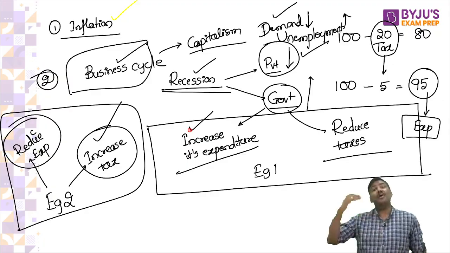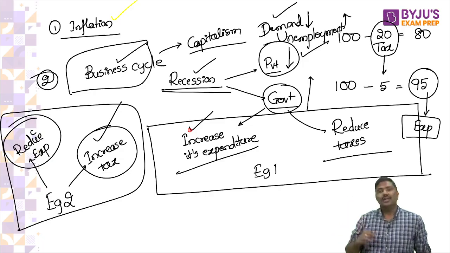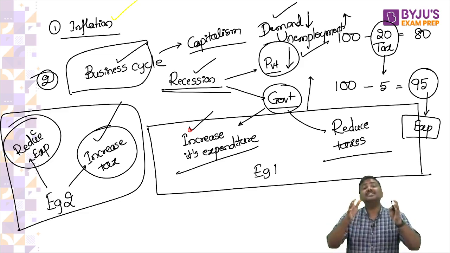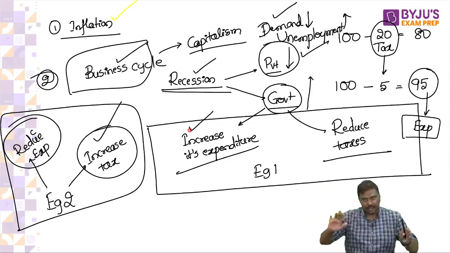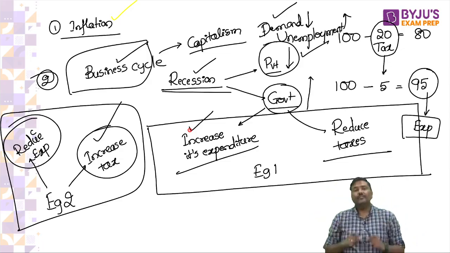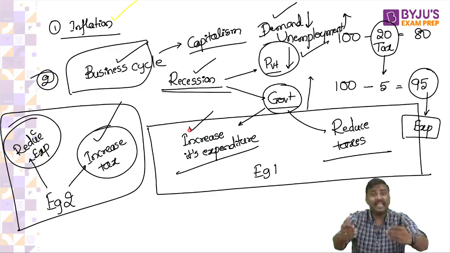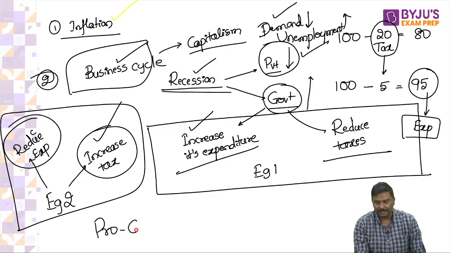Whenever any policy of the government makes the situation in the economy more severe, that is called a pro-cyclical policy.